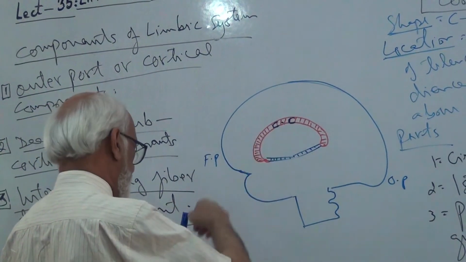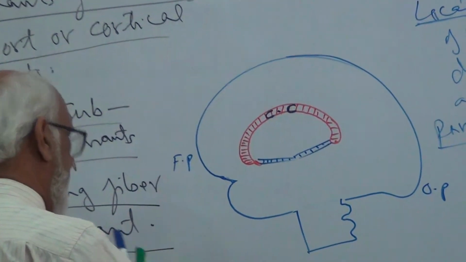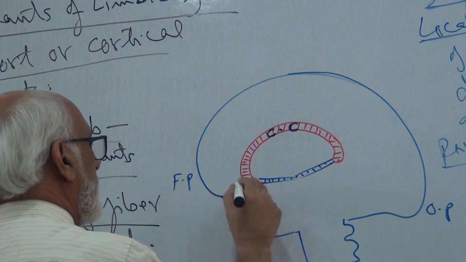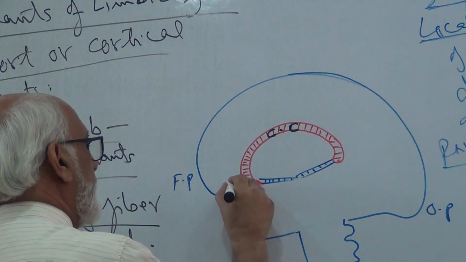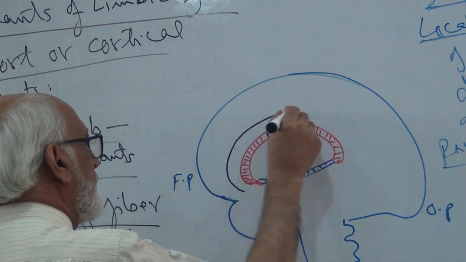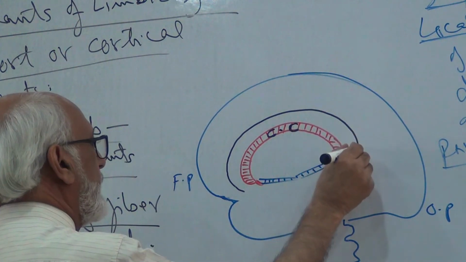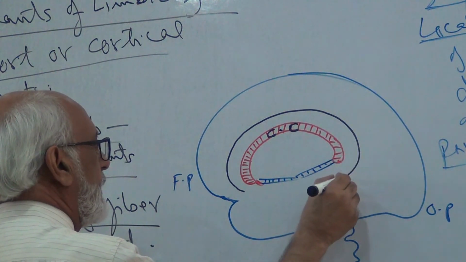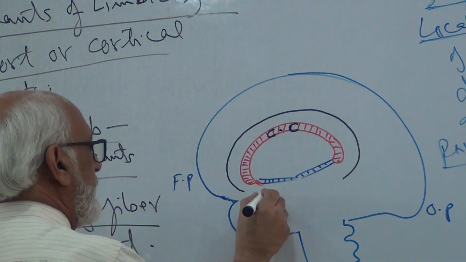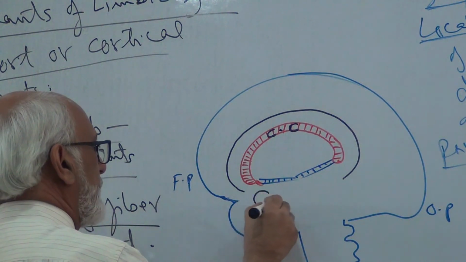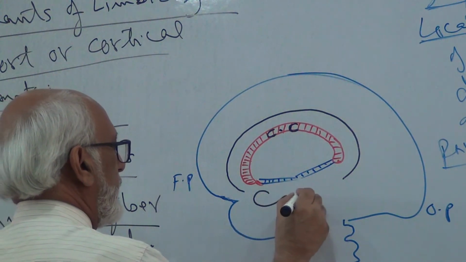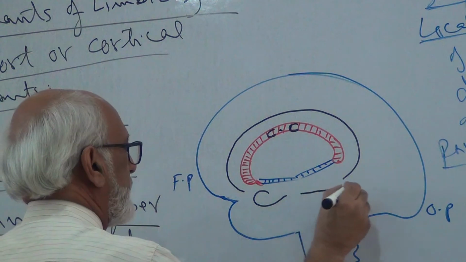Around the corpus callosum, this is the cingulate sulcus. Then here is the rhinal sulcus. Then the collateral sulcus.